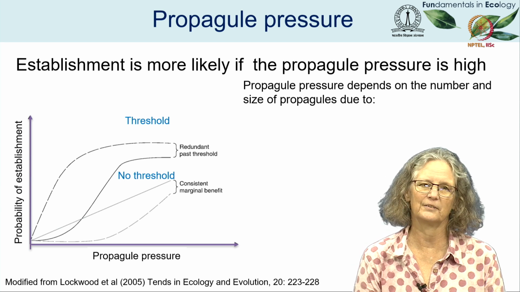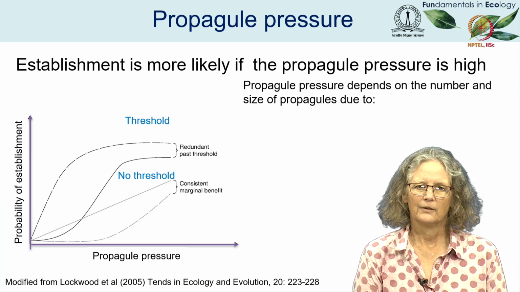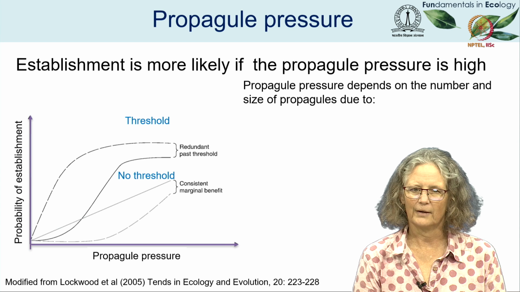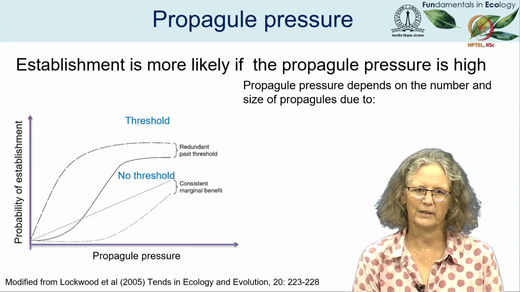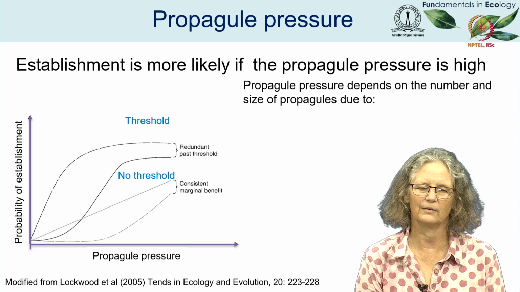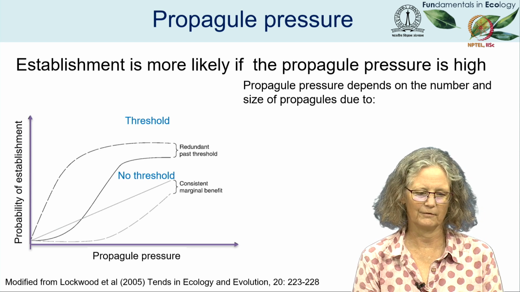Because, for example, if you'd like to decide how much effort to put into slowing down the process of invasion, then you would like to know, how big a risk is it to the environment? And one component of the risk is how frequently it is coming into the environment.